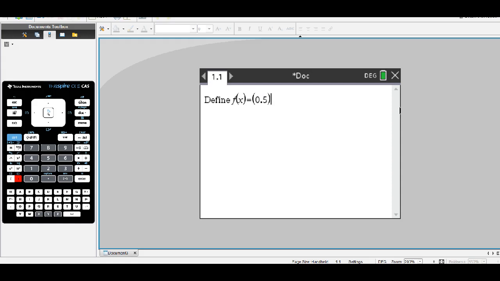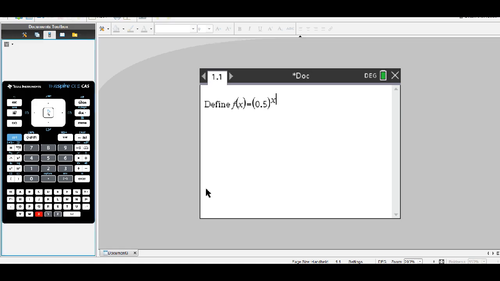Of course, this number is between minus 1 and 1. The variable is in the exponent. Let's see what happens when x becomes very big. First, let's say x is 100.